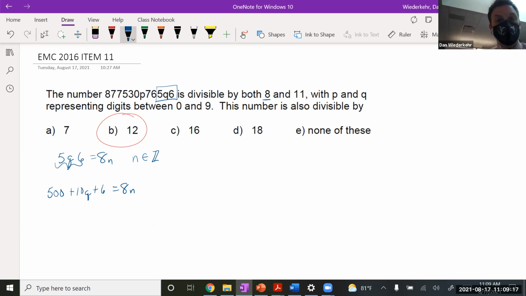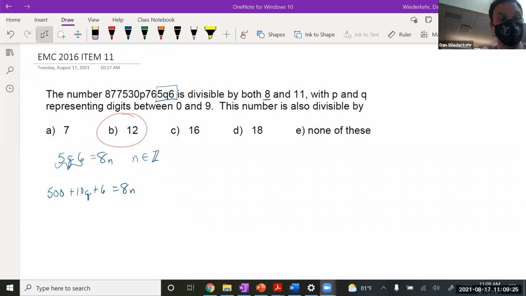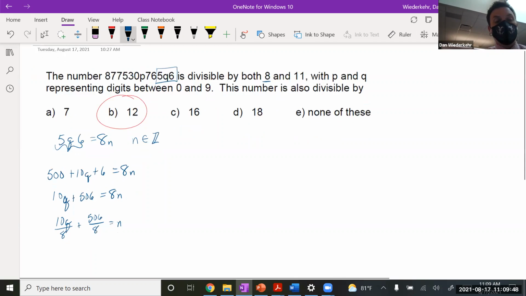Now, let's talk about what that means. Right? So 10Q plus 506 is equal to 8 times some number. And if we were to divide through by 8, 10Q over 8 plus 506 over 8 is an integer.